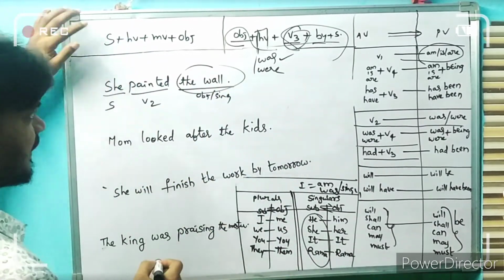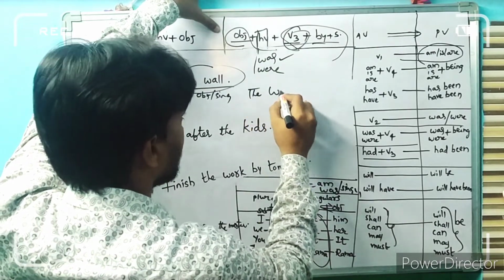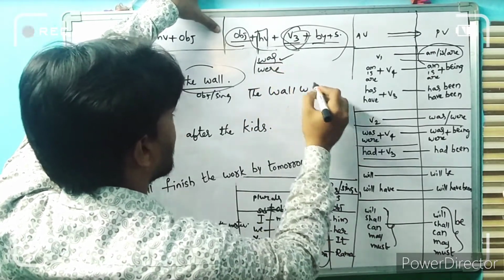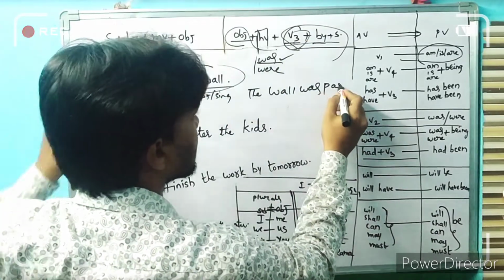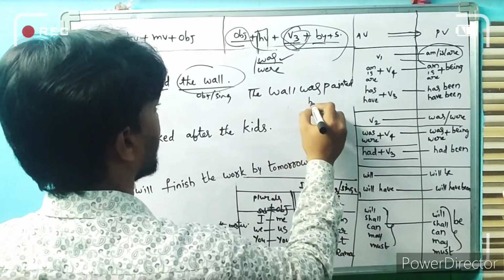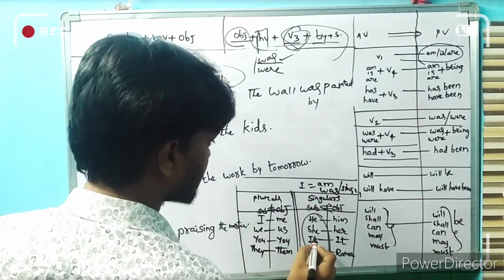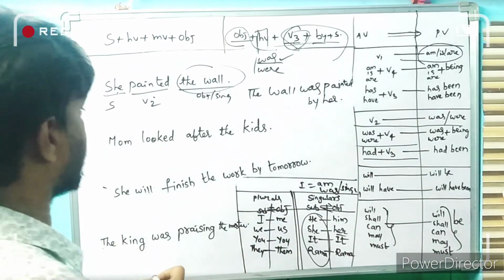Now I am beginning the sentence with the object. The wall, helping verb was, V3: the wall was painted by, she becomes her. The wall was painted by her.